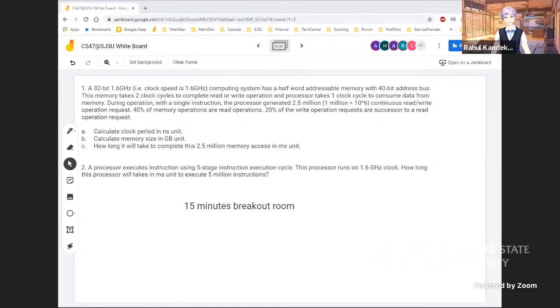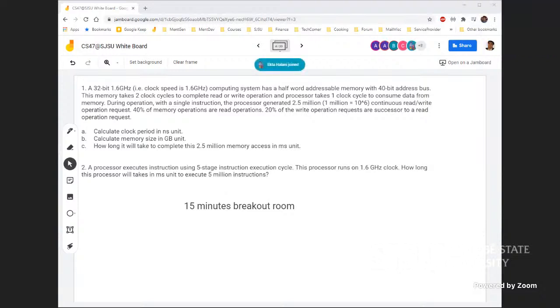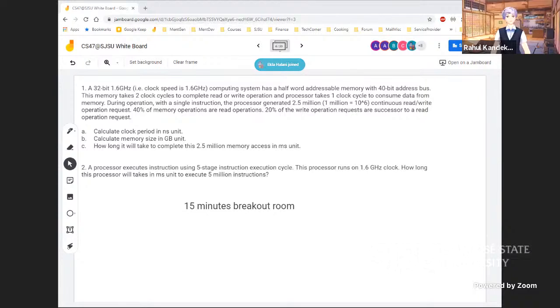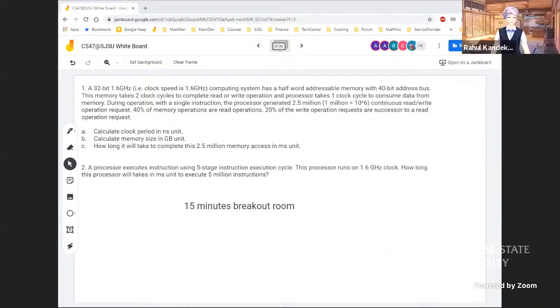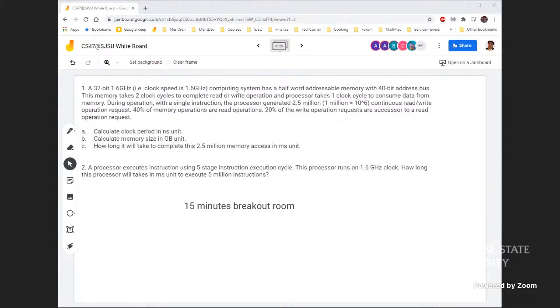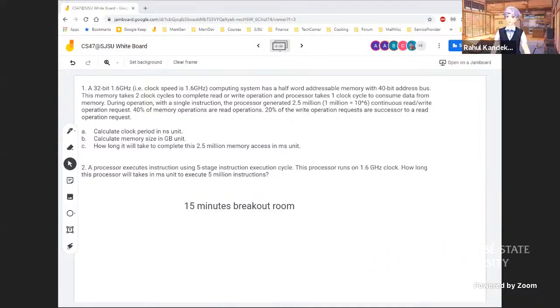Hey, Professor, could you enable screen sharing permissions? I will. Now, do you need it in the group? I thought in the group it is already on. No, it needs to be enabled. It's not on by default in the breakout rooms. Okay, let me see if I'm turning it on now. Try it. Okay. All right, cool. Hey, Professor, I'm heading to the room now.